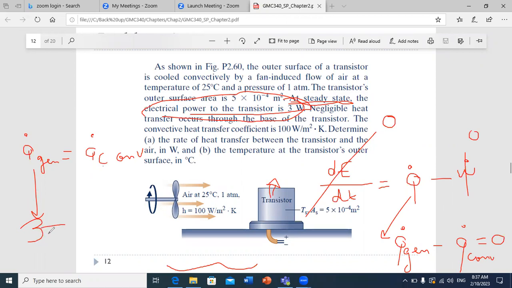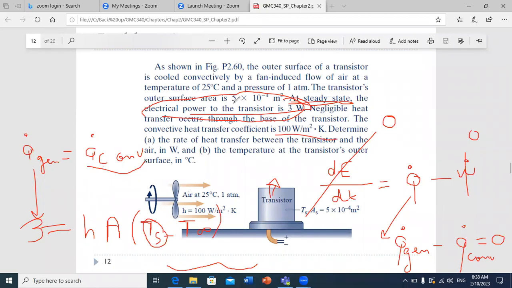And we should express in watt now the convected flux, which is h times A times (T surface minus T infinity). In this equation, we have everything except the surface temperature. h is given, it's 1000 watt per meter square Kelvin.